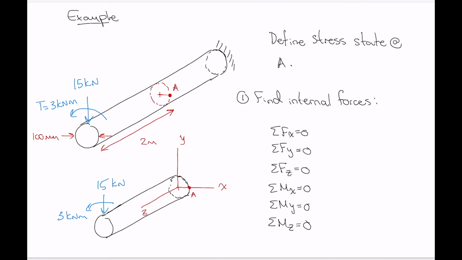Now, after you write those all down, look at those 6 equations and figure out which one you've made the mistake on, because one of those sum of the moments equations is actually a sum of the torques. Figuring that out is important, again, because you know that an internal moment causes normal stress and an internal torque causes shear stress. And if you go about doing a sum of the moments equation and calling an internal torque a moment, then you're going to end up calculating normal stress instead of shear stress.